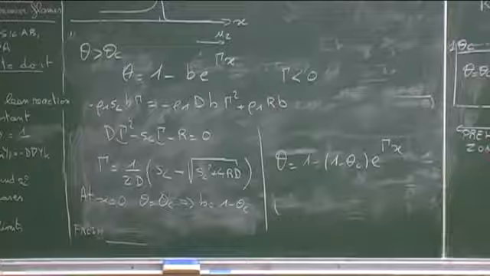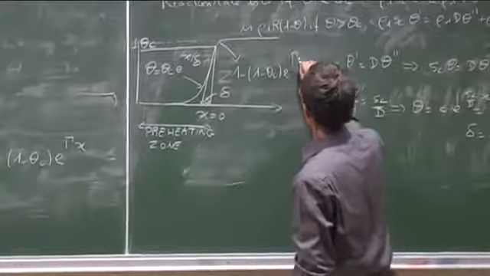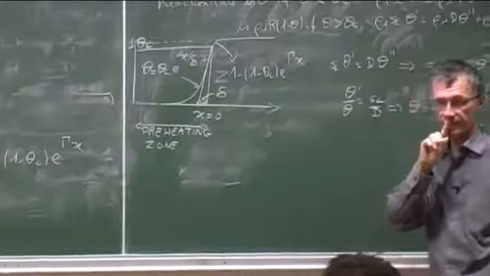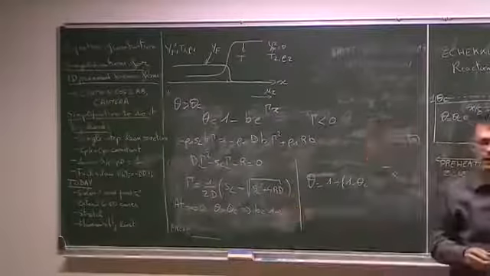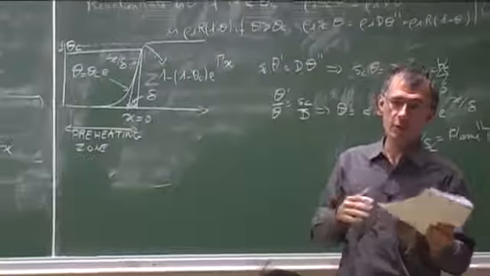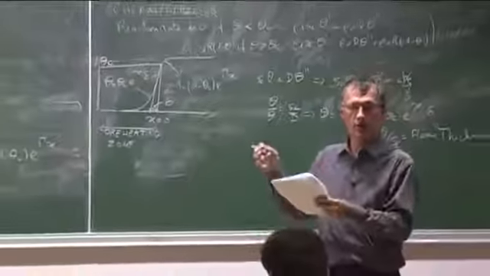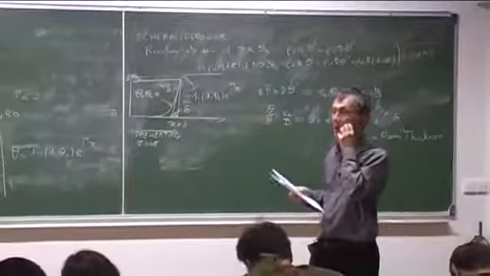Okay, so the final shape of this curve here is 1 minus theta critical exponential gamma x, where gamma is equal to that. And you see, I have the temperature now. I can find the species. It's just 1 minus the temperature. So the problem is solved completely, or not.